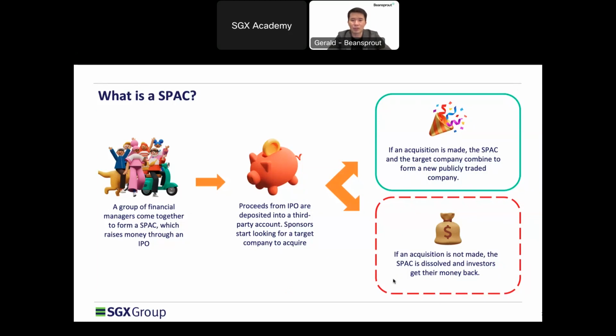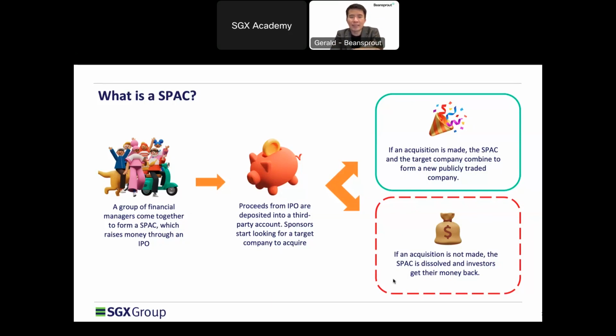And the purpose is really just to be able to find a target company to be able to acquire. So the proceeds from the IPO are put into a third-party account. The proceeds can't be used until the sponsor is able to find a company to be able to acquire.